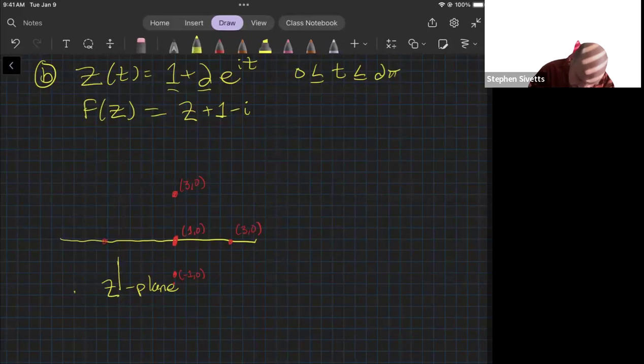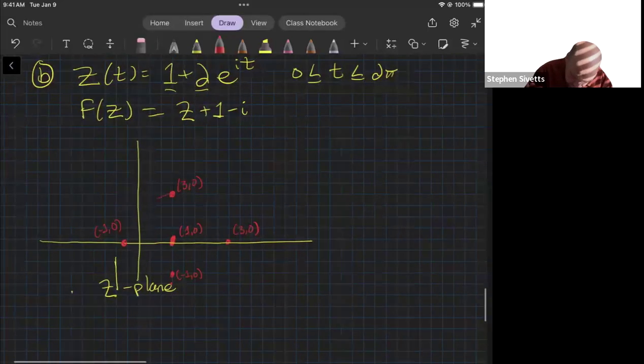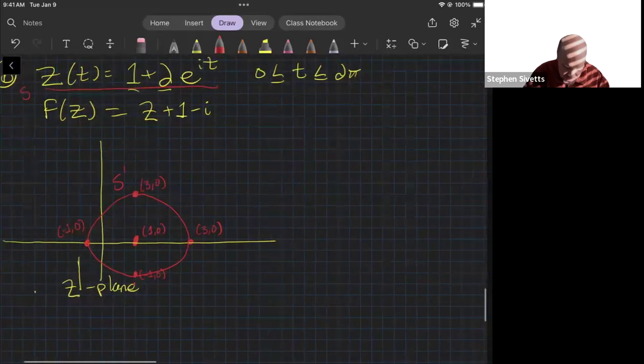Let me scale this just a bit more, and then let me erase this. So this will be the circle of radius 2. This is how we define z of t.